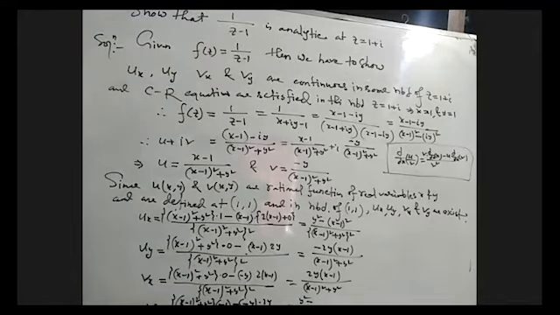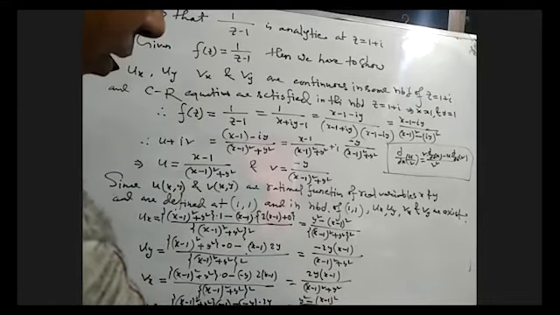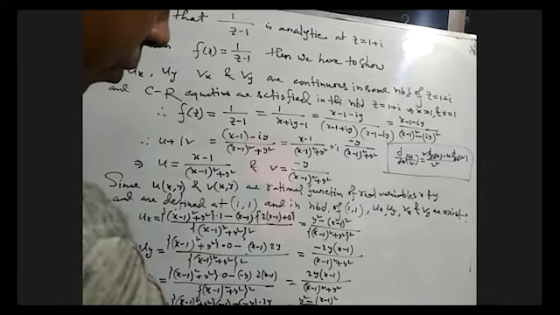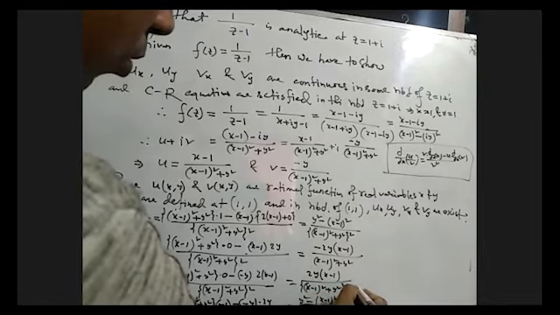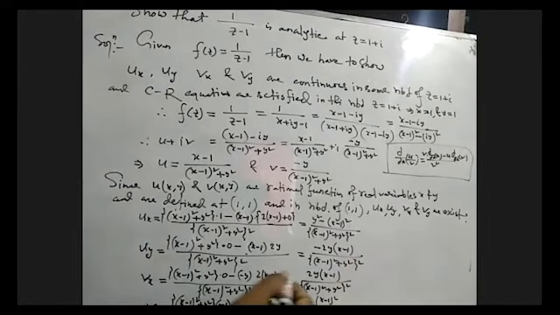Only y square. So y square minus (x minus 1) whole square, divided by the same denominator. This will be whole square. Remember it, b square.